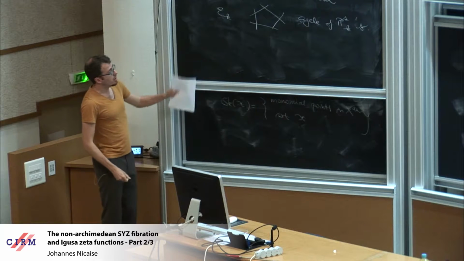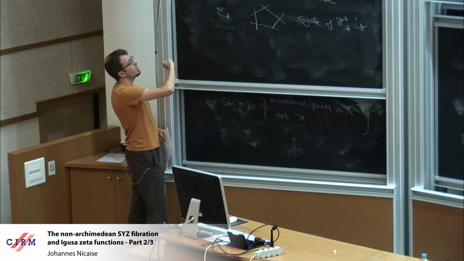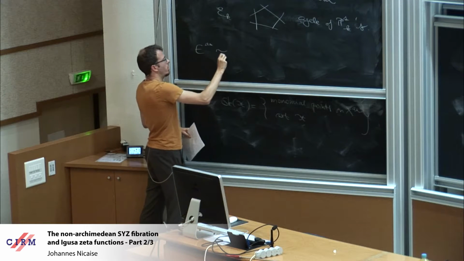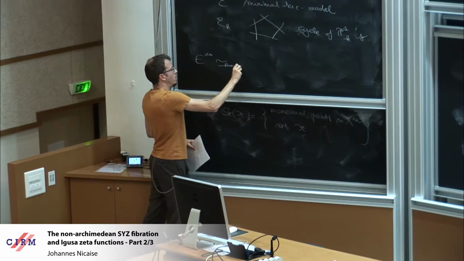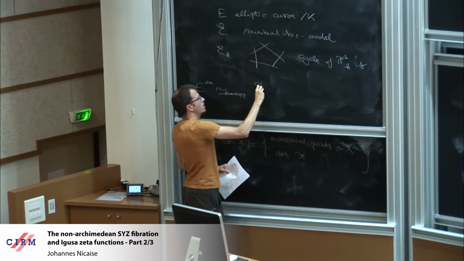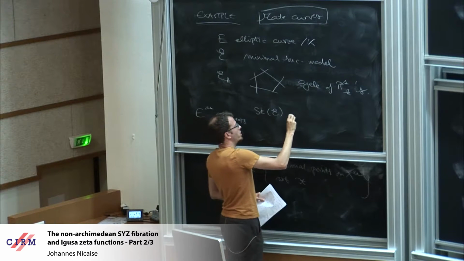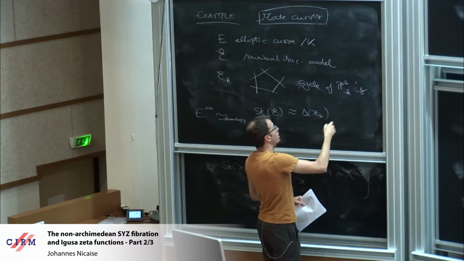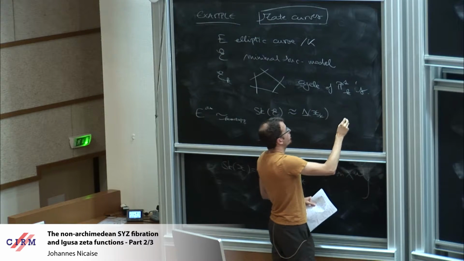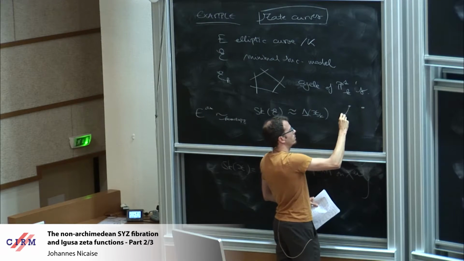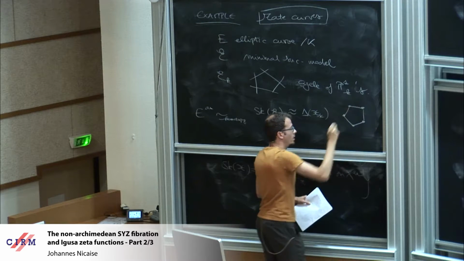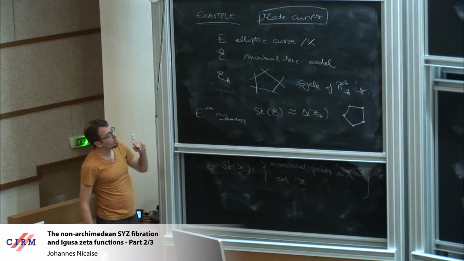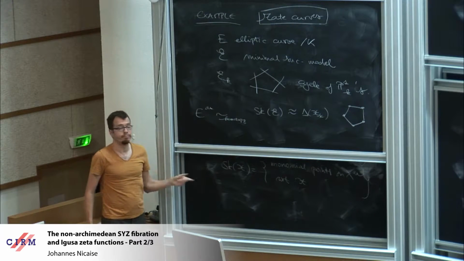Okay, so one thing I can immediately see is well, the homotopy type of the Berkovich analytification, because I know that E^an is homotopy equivalent to the skeleton of my SNC model, which is homeomorphic to the dual intersection complex of the special fiber, which is just a circle. So analytifications of Tate curves are homotopy equivalent to S1.